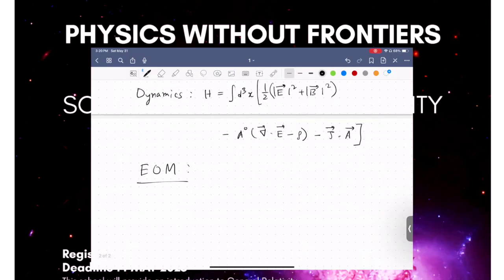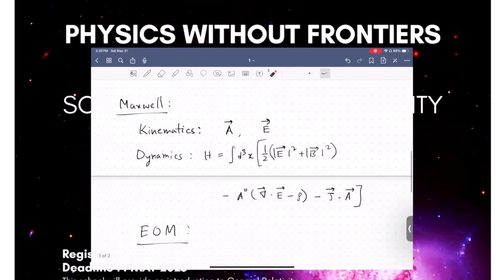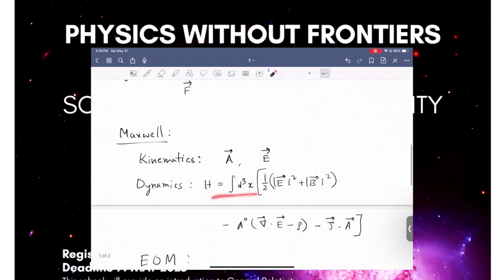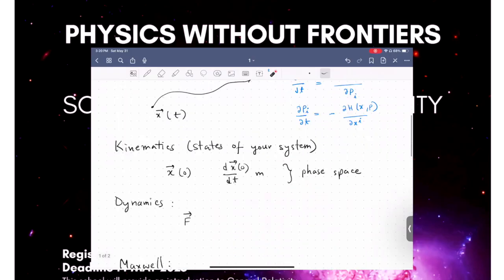So there's a prescription for how to go from the Hamiltonian and your state variables to your equations of motion.